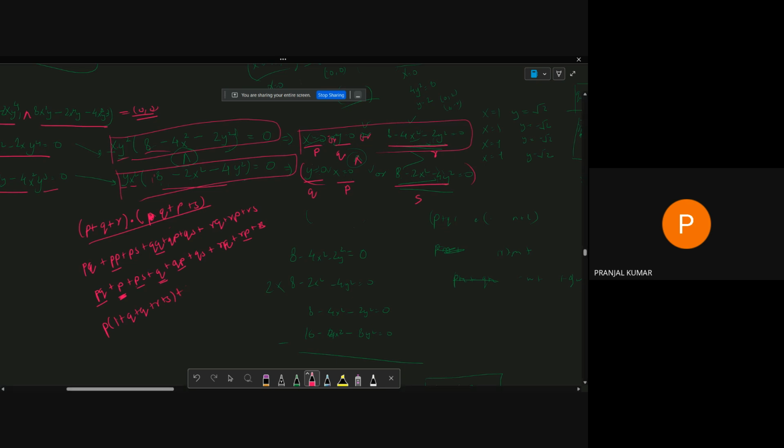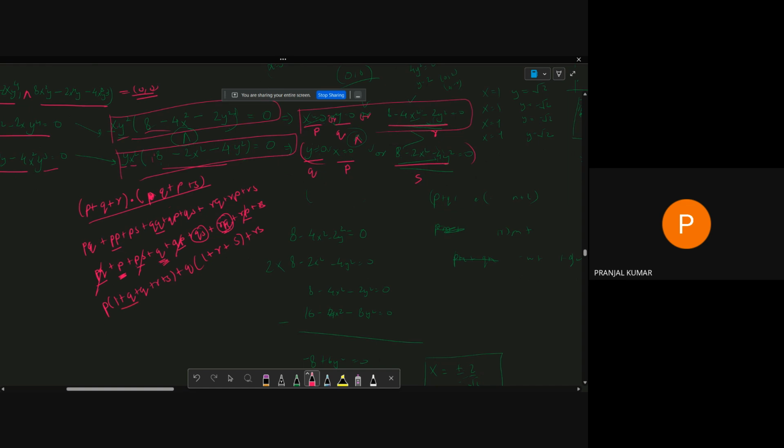Now similarly, I have one q, so 1 plus, I will cancel these, and I'm left with r plus s. So I think we are done, right? 5 terms here, 3 terms here, one is left. So 1 plus rs, there is no p or q here.